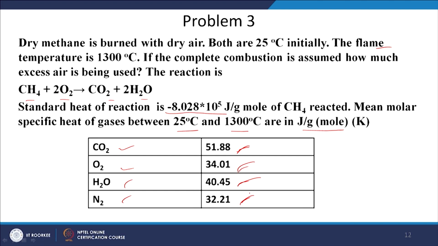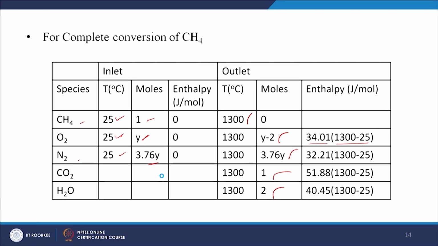At the outlet all those gases will be available and their specific heat values are provided here. We multiply the moles by mCp dT, where m is with respect to moles, Cp is given here, and dT is 1300 minus 25. This is our enthalpy value.